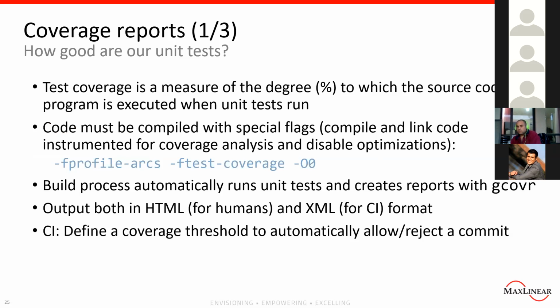To be able to get coverage information, we have to compile our code with some special flags that tell the compiler to include coverage analysis and disable optimizations. Our build process automatically runs unit tests, and when done, it creates reports with a tool, gcov.